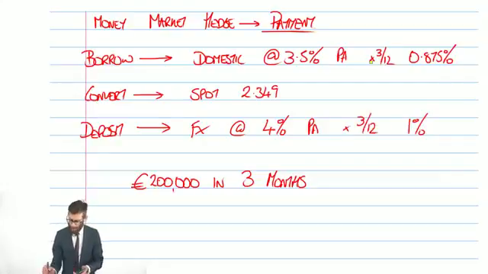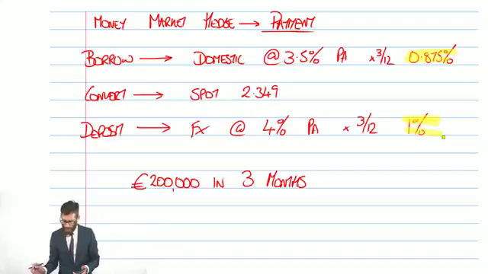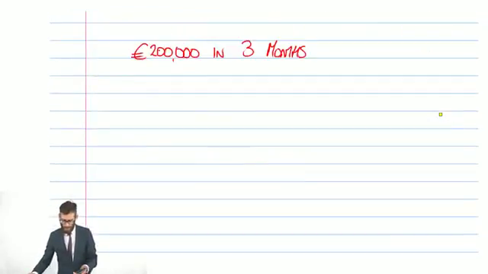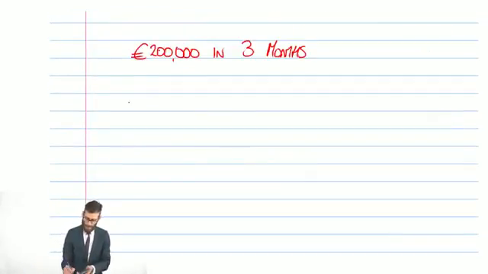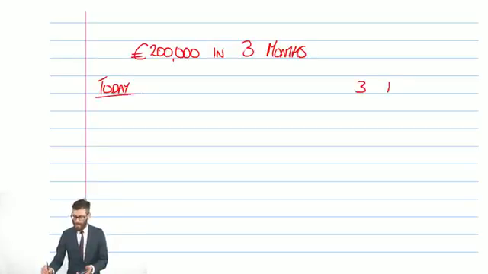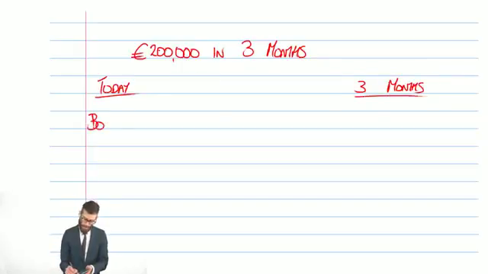Okay, so watch what happens. Today, 3 months. I'm going to borrow some dollars, but I don't know how many yet. I'm going to convert at the rate of 2.349.